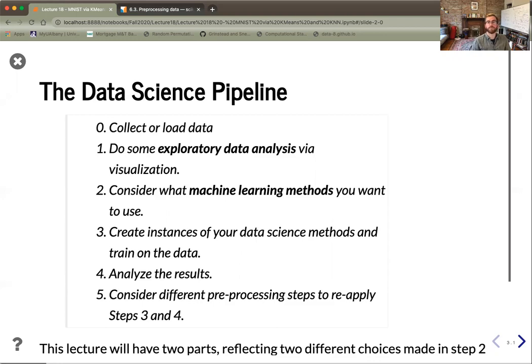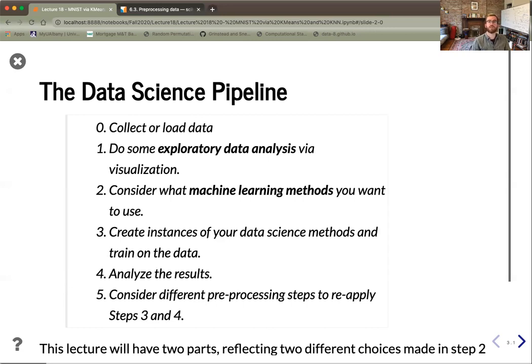And that is what informs your step 2, which is what machine learning methods do you want to use? And we're going to focus on traditional machine learning rather than just passing it off to a neural net. Then finally, we get into the mechanics of actually applying Python and creating instances of our data science methods, which really amounts to creating instances of these classes, at least in the object-oriented view of programming.